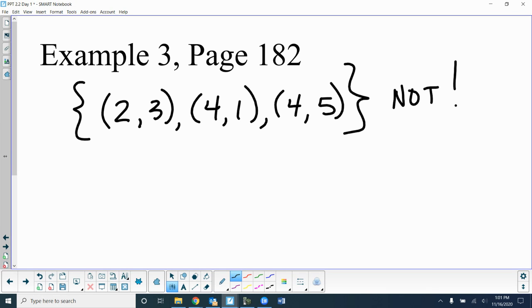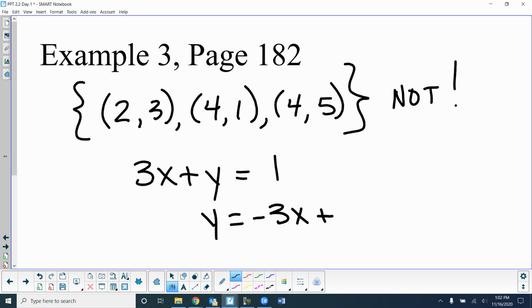How about 3x plus y equals 1? You know, I could get y by itself. Will every x have one and only one y? If I plug any number in for x, will I get just one y? Will it be multiple y's forever? You know, it's a straight line, right? If you have an equation with an x and a y in it, no exponents, it's a line and it's a function.